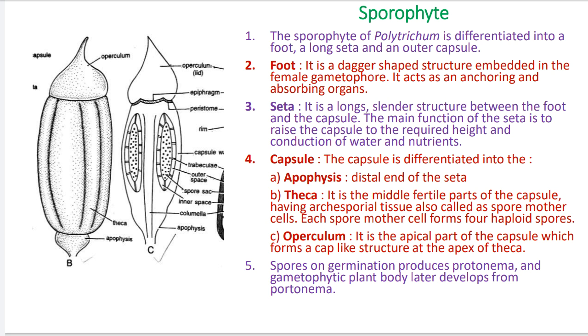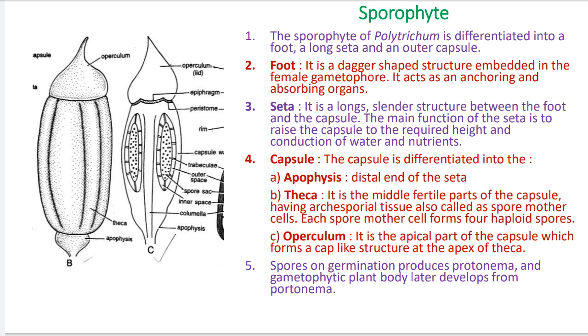Number 3, the seta is long and slender, between the foot and the capsule. It is the intermediate between the basal foot and the upper capsule or sporangium. The main function of the seta is to raise the capsule to the required height and to conduct water and nutrients.